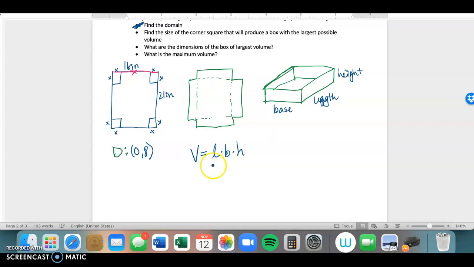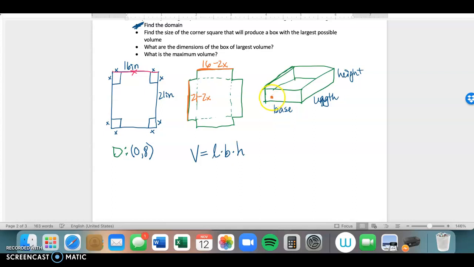Okay, so if we cut out this X from everywhere, how long does this side become? We had it at 16, but then we cut out an X over here and an X over here. So you should have said to me 16 minus 2X. Then along this side here, this one's going to be 21 minus 2X.